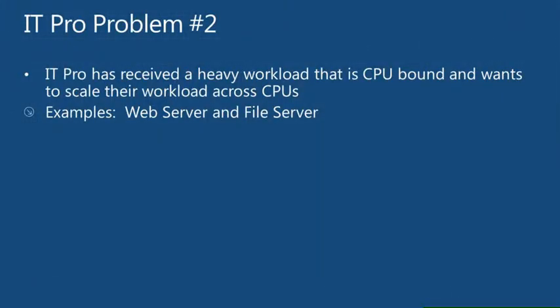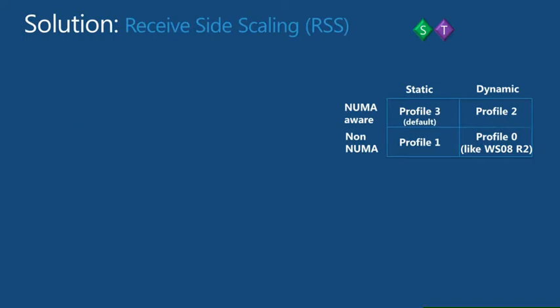So the next problem that the IT pro faces: you've received a heavy workload that's CPU bound, and you want to scale it so that it uses the multiple CPUs that you have. Think of, again, a web server or a file server operation. The solution for that is receive-side scaling.